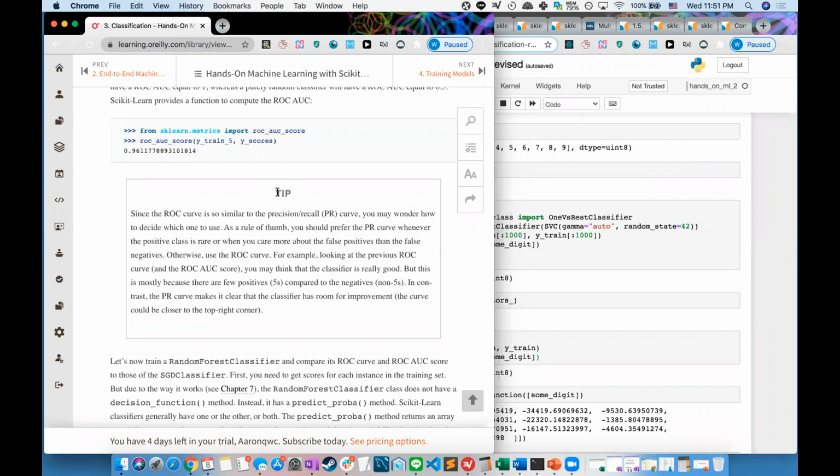It's mathematically proven that if a ROC curve lies outside of the others, if the ROC AUC is higher, or if the precision recall curve lies outside of the others and its area is higher, that's most likely a better algorithm.